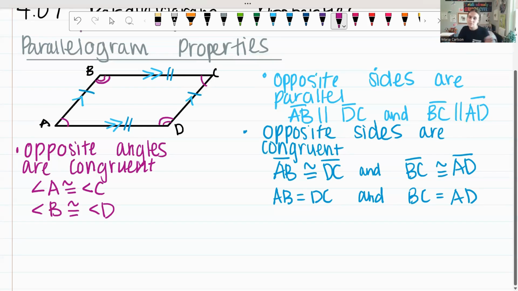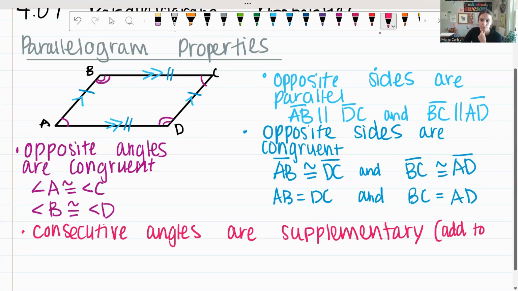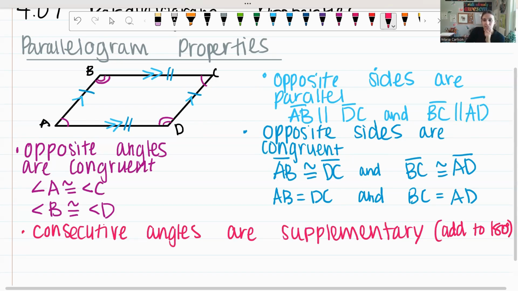Not only are opposite angles congruent, we can also determine and prove that in a parallelogram, consecutive angles are supplementary. And remember, supplementary means adds to 180 degrees.